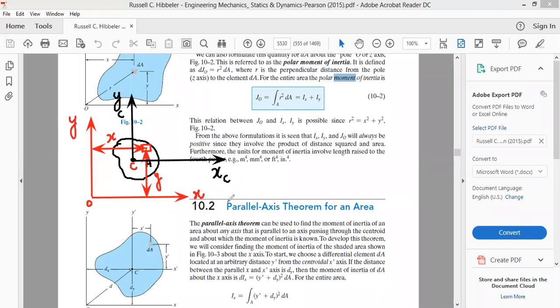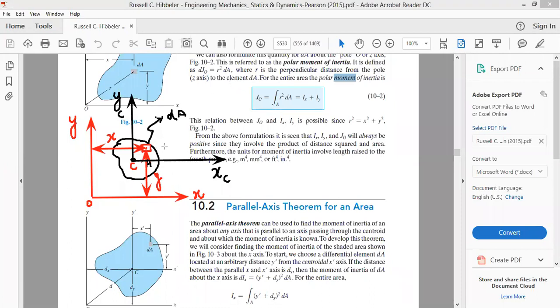This is very important. In order to find the moment of inertia about the centroidal x-axis or the centroidal y-axis, we will again divide the area into small area elements. Let's call this small area element dA. The centroid of the small area element is at some distance from the x-axis.